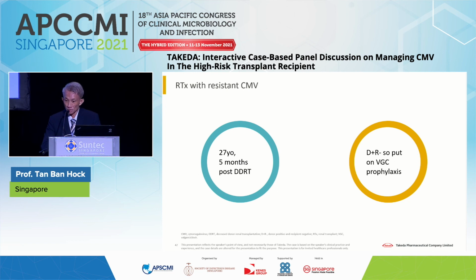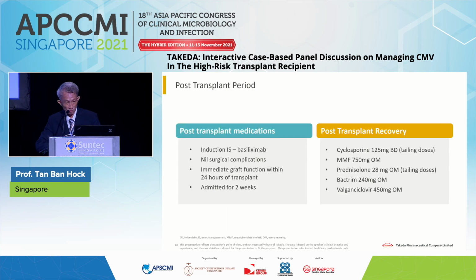Okay, so we come now to another patient. This is a renal transplant patient with resistant CMV. She's very young. It's 5 months post deceased donor renal transplant. She's D plus R minus, so she's put on Valgan prophylaxis. So actually, nothing very major.